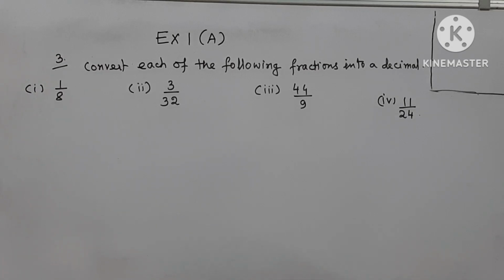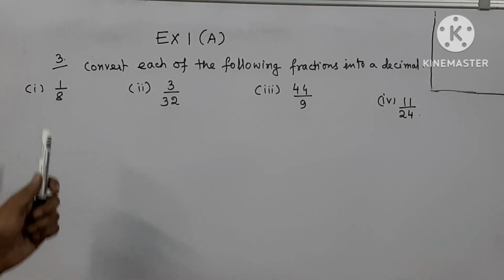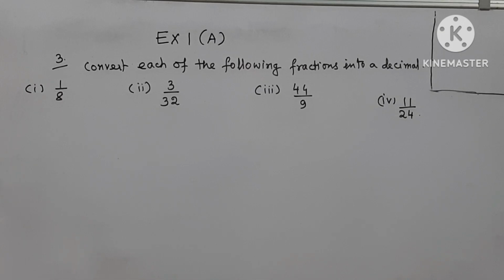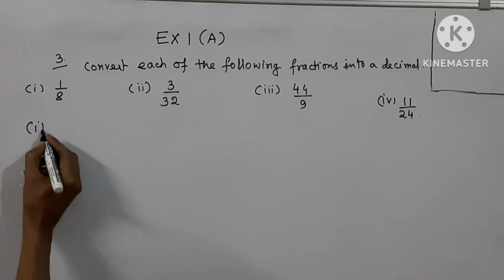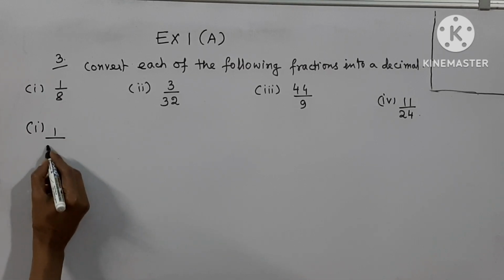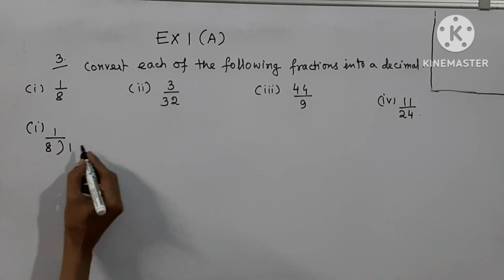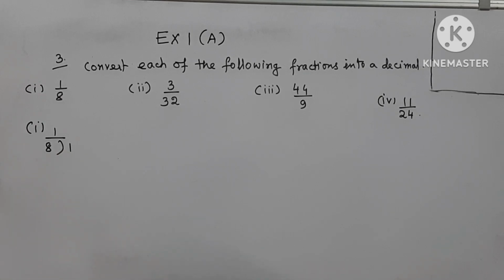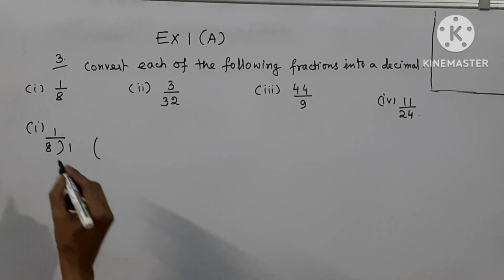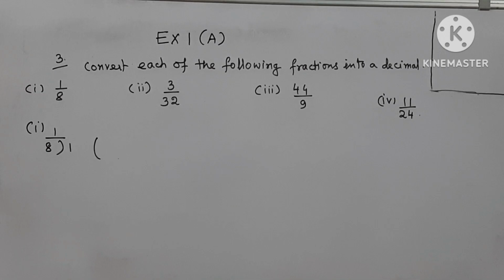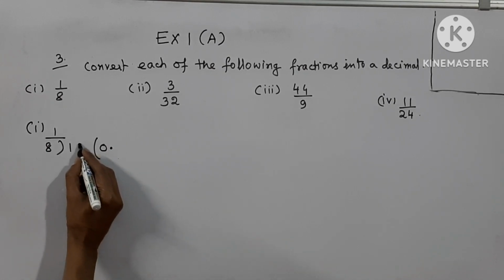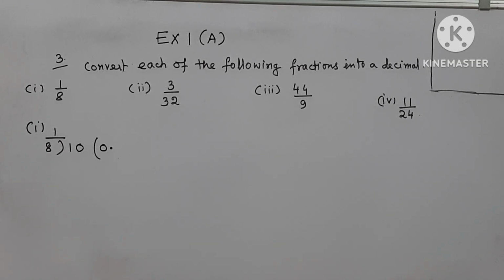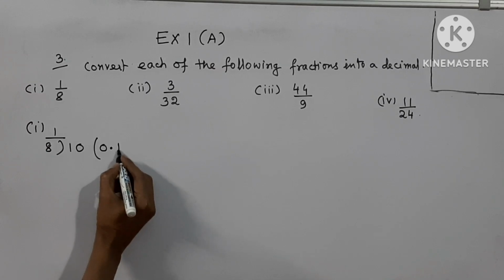So let's do, this you only have to divide. So number 1, 1 by 8, that means 1 you have to divide by 8. You cannot divide 1 by 8, so you have to put a 0 point and then you can put a 0 after 1. Now this is 8 ones are 8.